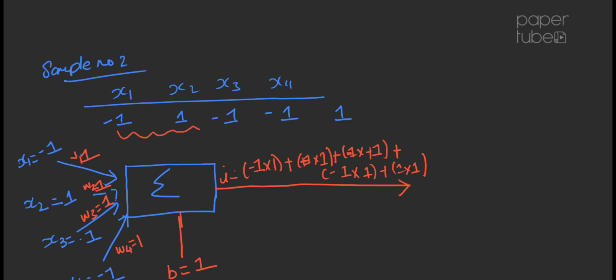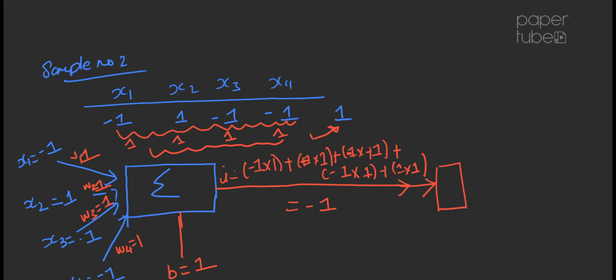You take all the inputs and multiply them by the weights, which are 1 1 1 1, then you sum them and add the bias, which is 1. That should give a net input value equal to -1, and when you pass it to the box that contains the activation function, it's going to fire an output which is equal to -1.